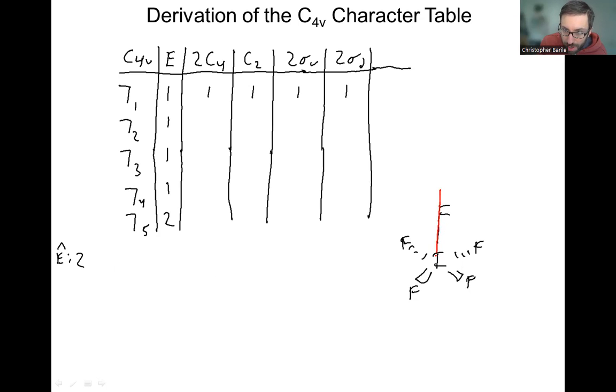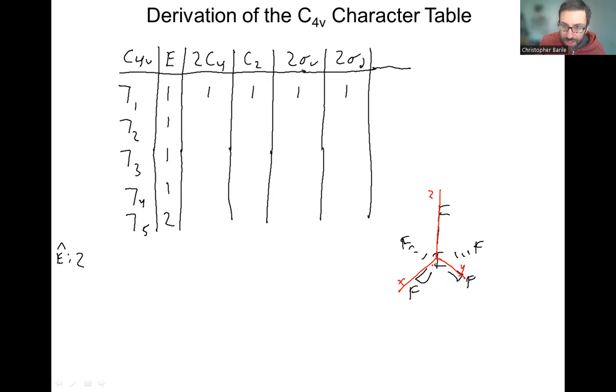So if we have our z-axis, remember that's our principal rotation axis, and then we have our x-axis and our y-axis. You can define these in different ways, but the z-axis always has to be coincident with the principal rotation axis, which is our C4 right here. And then for our x and our y, I just decided to put them along the bonds. They have to be 90 degrees, but you can define this any way. You can call this x, call this y, left-handed versus right-handed Cartesian coordinate system.